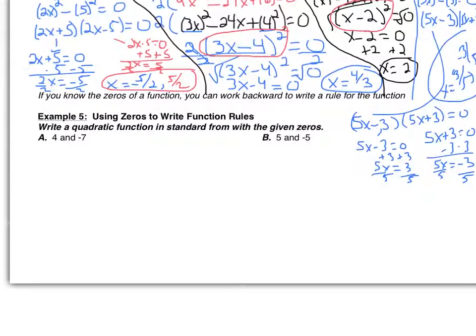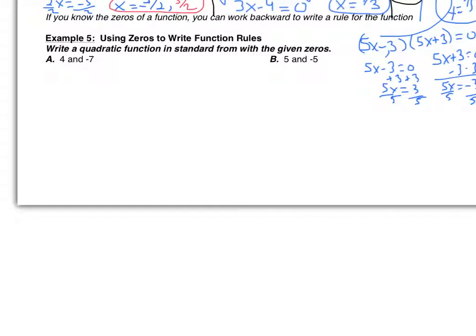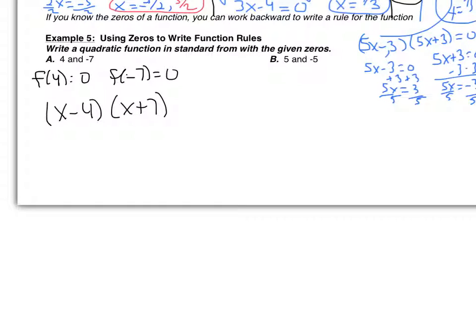In our last two problems, it looks like what we have done in the past. So this is really zeros, so we really have f of 4 equals 0 and f of negative 7 equals 0. And we know that quadratic, we have x minus 4 is one factor and x plus 7 is another factor.